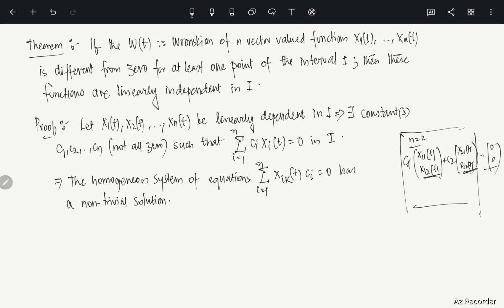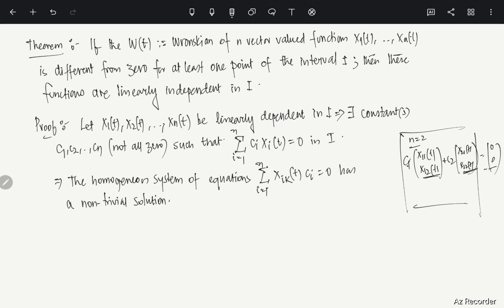Okay, right. Now you see, we know that this homogeneous system has a non-trivial solution. This we talked about in the first week, right? So this homogeneous system has a non-trivial solution if and only if the Wronskian is 0.